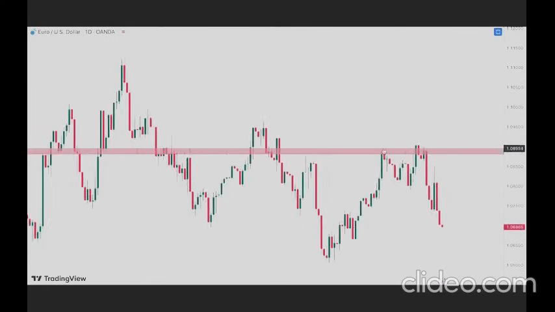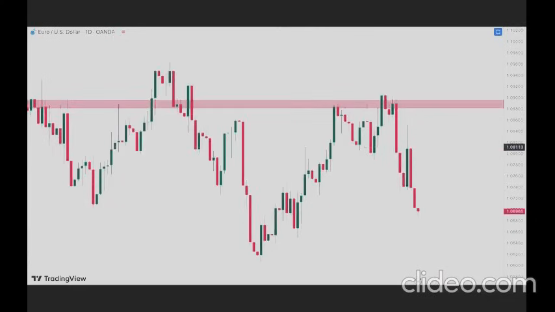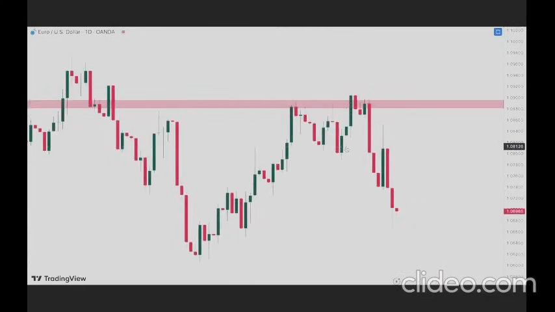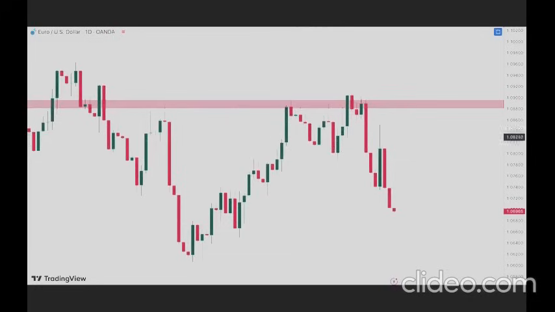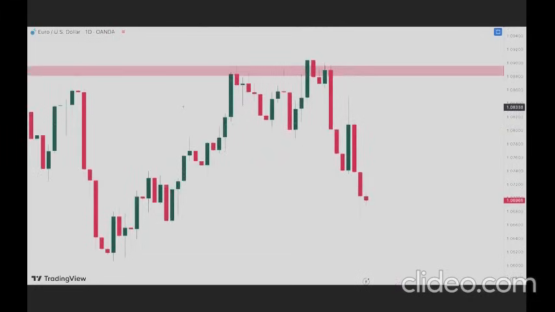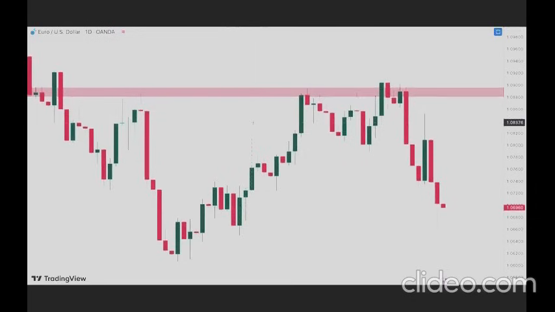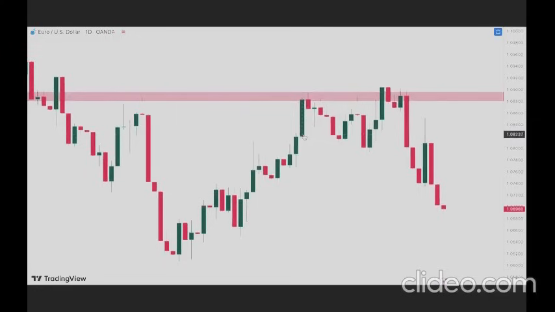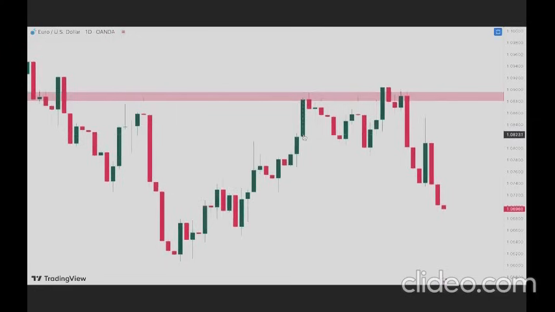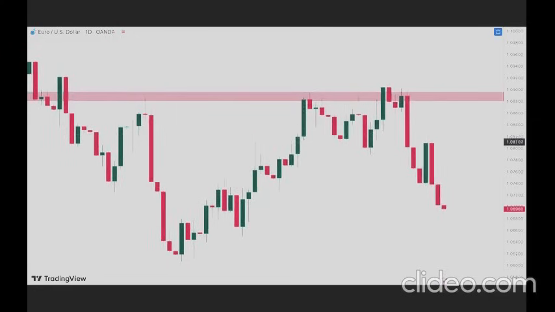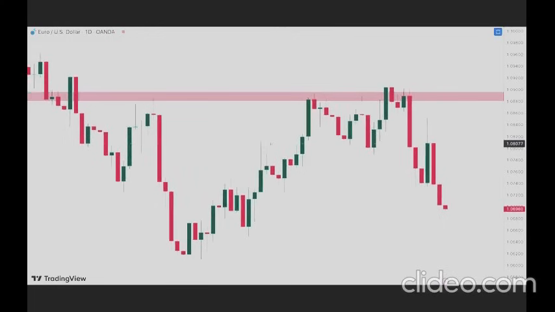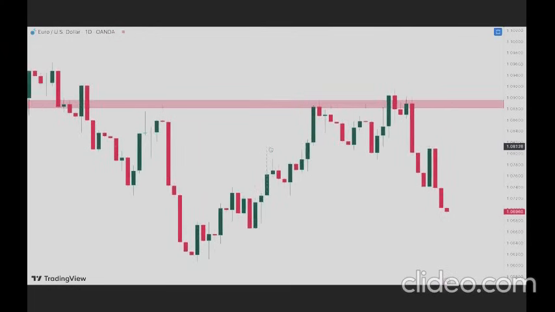So I will zoom on these parts so I can analyze it.